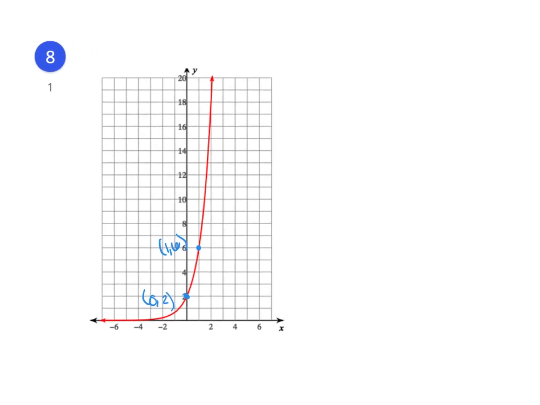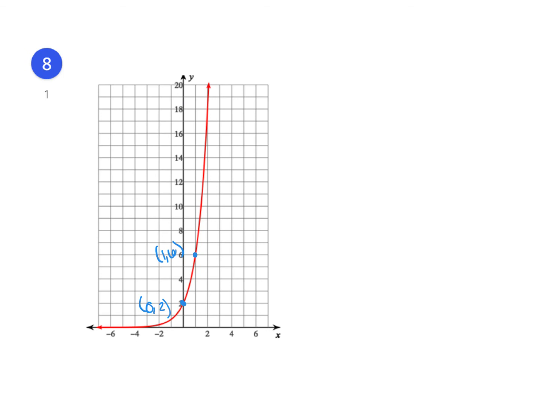So let's get started. So remember, highest x value on top. So we'll have 6 is equal to a times b to the power of 1. And then we'll have underneath 2 is equal to a times b to the 0. So you can have 0 as an exponent. That's totally fine. We want to divide these 2 functions and see what we end up getting.